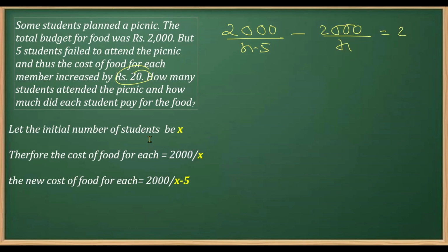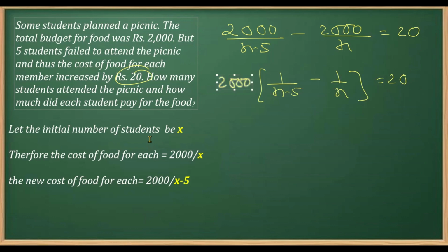Now I'll take this 2000 as common, and it becomes 1 over X minus 5 minus 1 over X is equal to 20. Later, I can transpose this 20 to the other side, and if I transpose it, it should be divided. As you can see, it gets divided here.